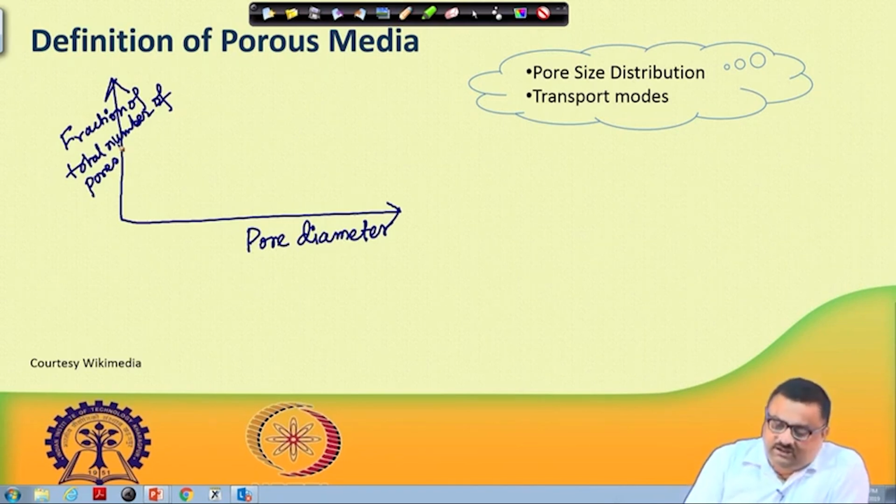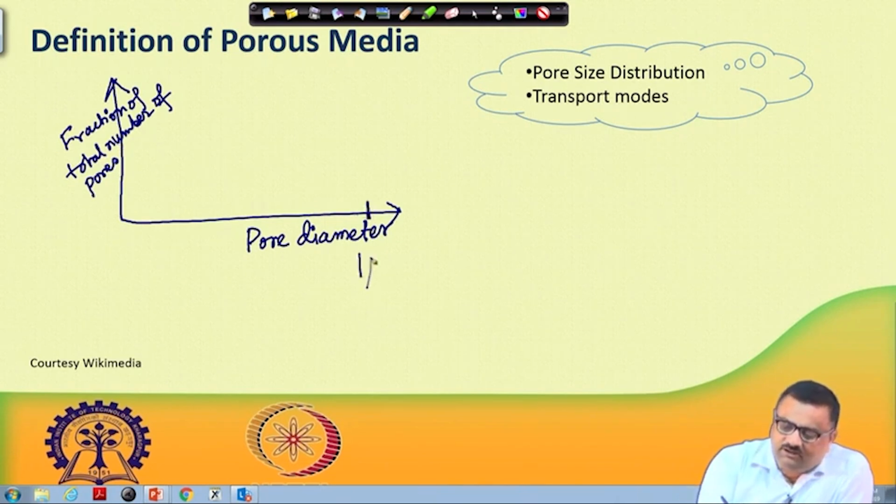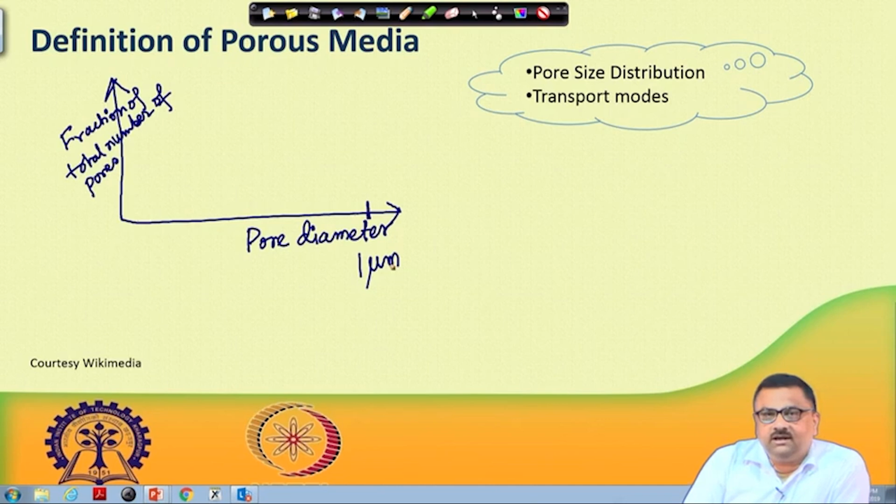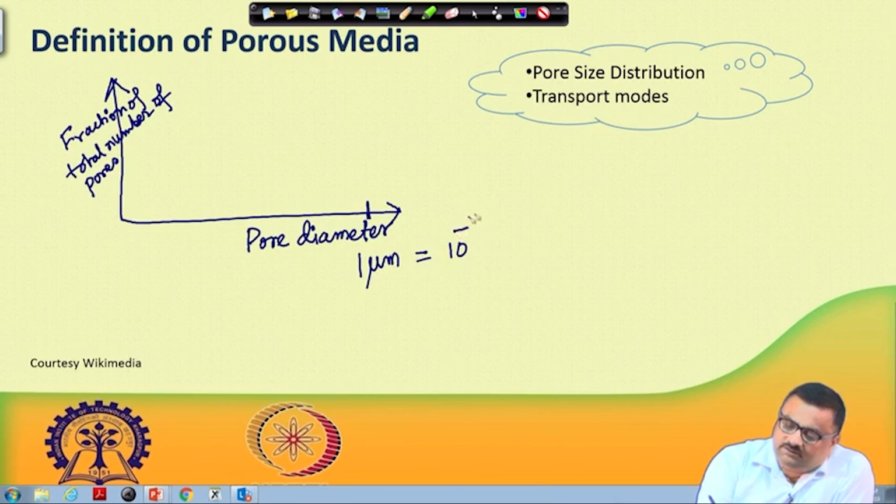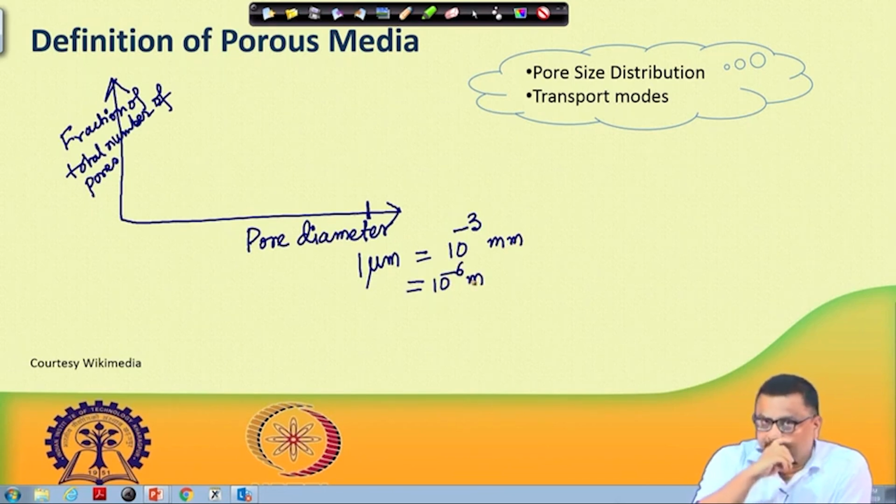So, in this context, you can have some pores of diameter, let us say, 1 micrometer. 1 micrometer is equal to 10 to the power minus 3 millimeter, or you can write 1 micrometer as equal to 10 to the power minus 6 meter.